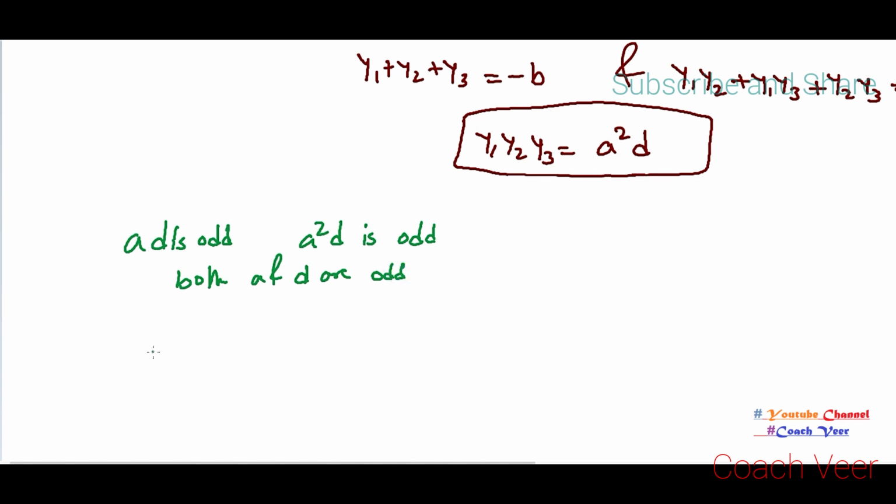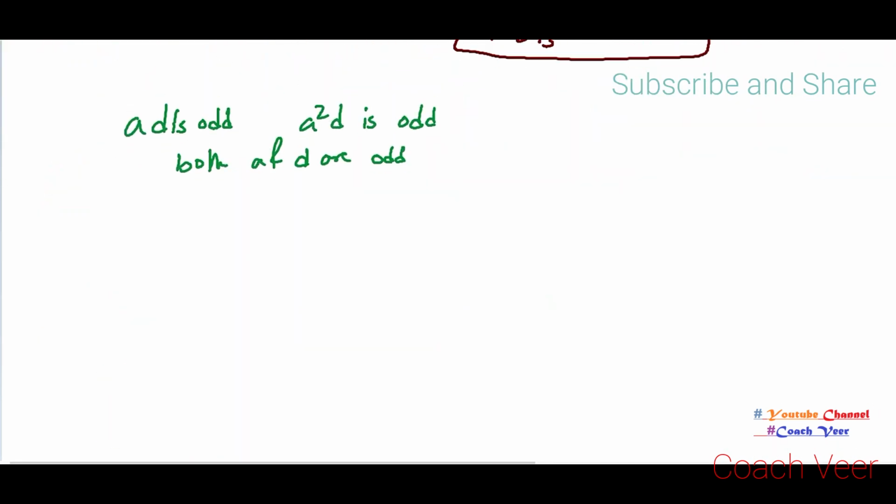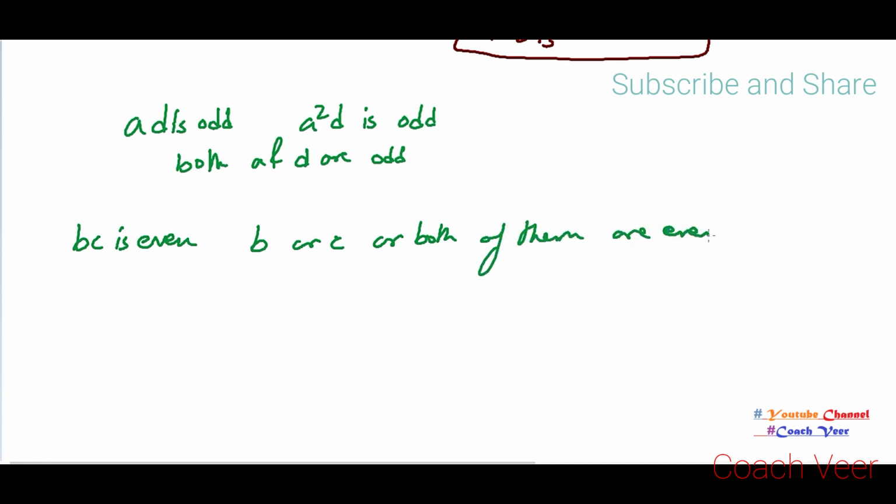In the same way, it is given that BC is even. So B or C or both of them are even, that is what we can generate out of it. 2 into 1 is an even number, 2 into 2 is also an even number, so both B and C or one of them might be even.